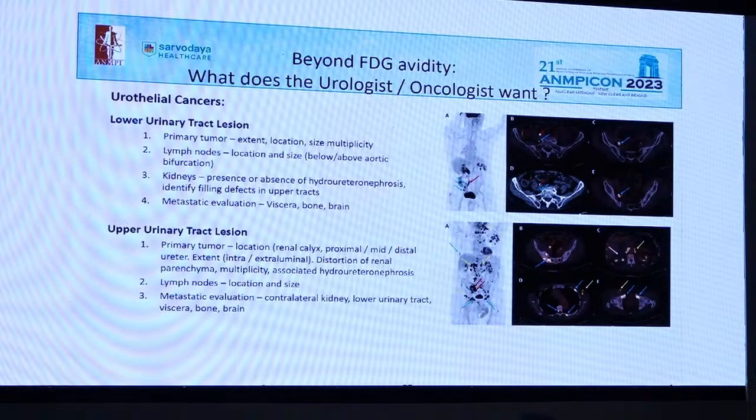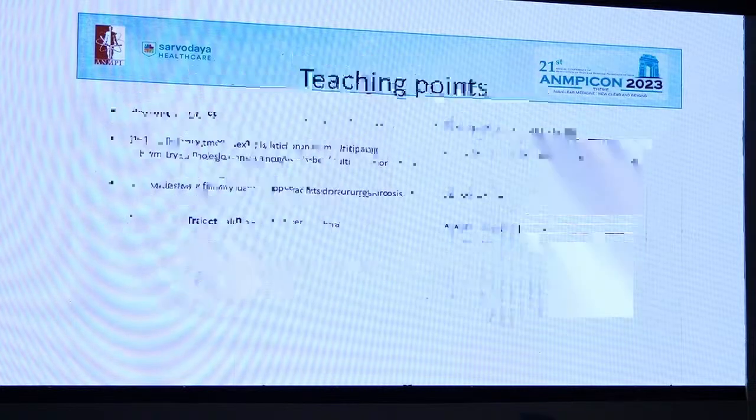Presence of lymph nodes, their location and size, and metastatic evaluation: involvement of the kidney, lower urinary tract, viscera, bone.